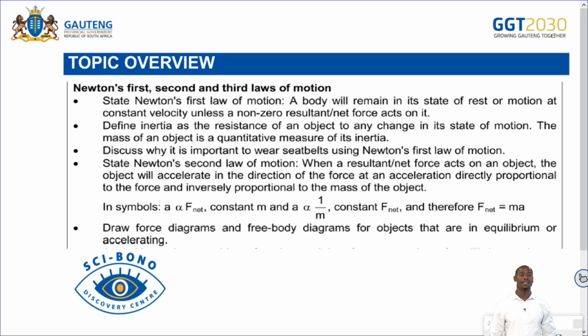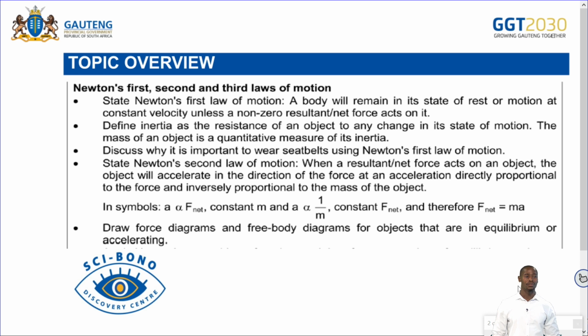According to your examination guidelines, this is what we need to cover under Newton's laws. One, we are supposed to be able to state Newton's first law of motion, as it is from the examination guideline, which states that a body will remain in its state of rest or motion at a constant velocity unless a non-zero net resultant force acts on it.